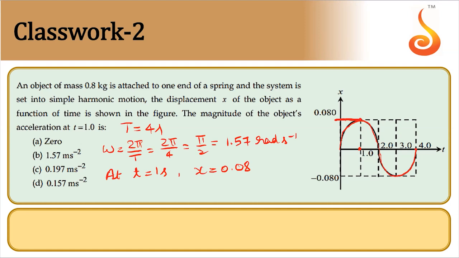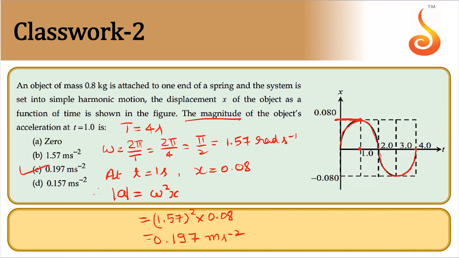Therefore, acceleration is minus omega square x. They're asking for only magnitude. So magnitude of acceleration is omega square x. So omega is 1.57 square into 0.08. So what do we get? 0.197. That is option C.